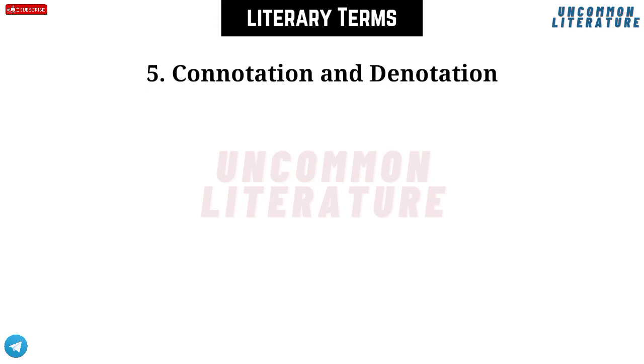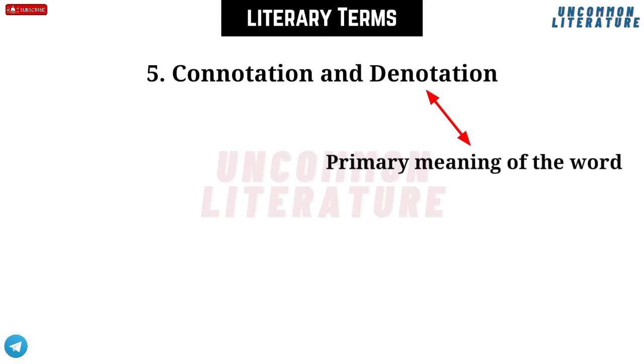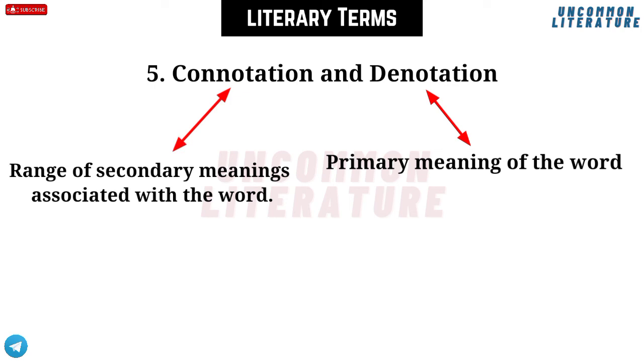Next we move to connotation and denotation. You have to understand that the denotation of a word is its primary meaning, and connotation means the other meanings which come secondary, and they are associated with feelings and ideas.